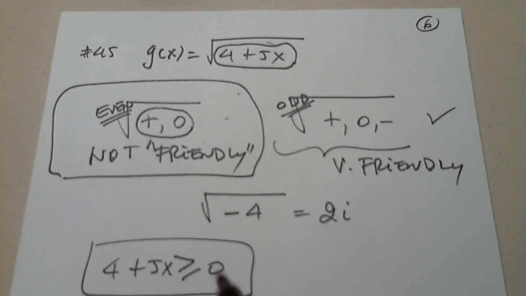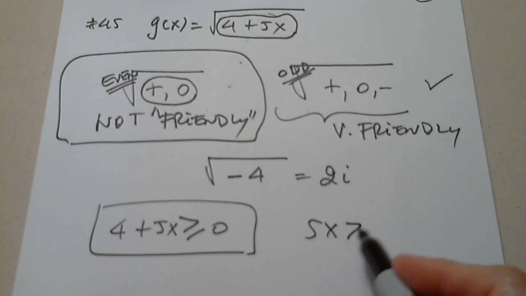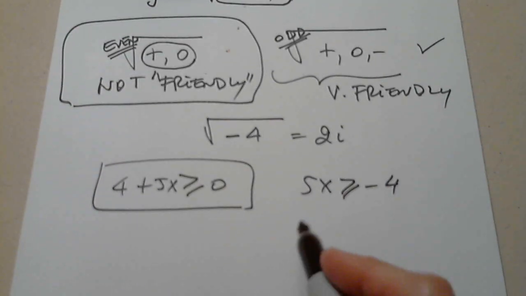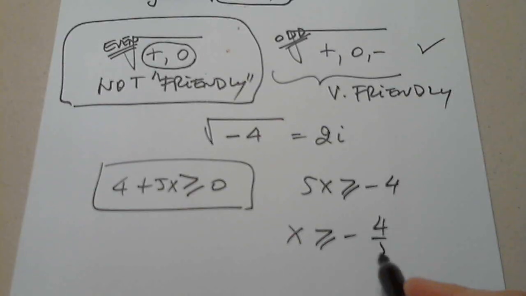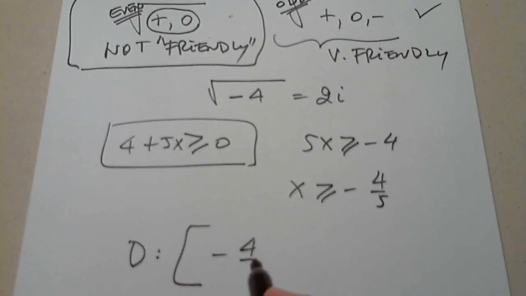And we have to solve this inequality. We move 4 to the other side. We divide by 5. So that's exactly how we find the domain, from negative 4/5 to infinity.